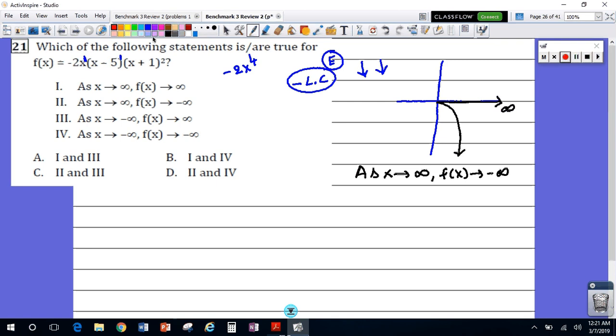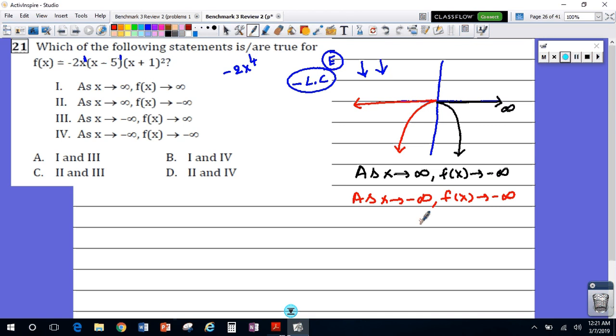Next, when you move towards the left, as x tends to minus infinity, it goes down in this way. So f of x tends to minus infinity.